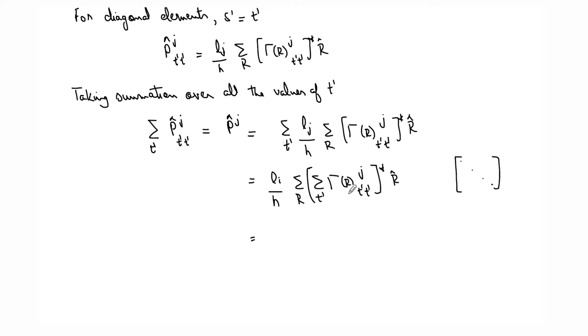So if I take the summation over all T prime, this becomes the trace of this matrix, right? So all I have now is Lj over h, summation over all R. Instead of tau R, now we have chi R, the trace under this symmetry operation for the jth representation, and then you have the R operator. And this is my expression for the incomplete projection operator.